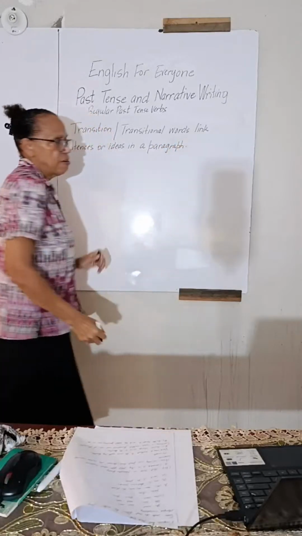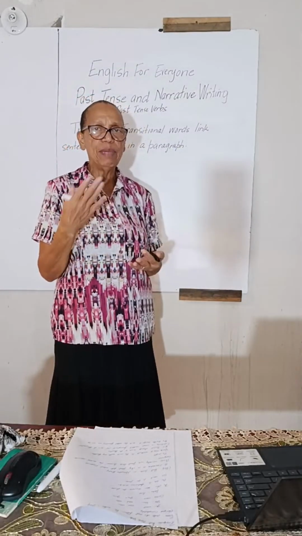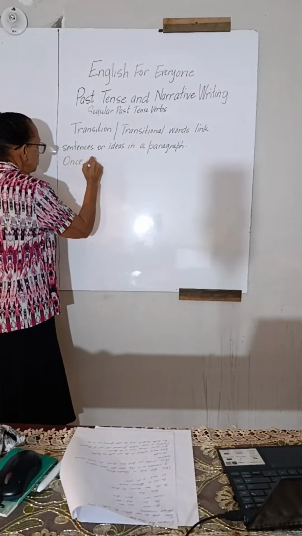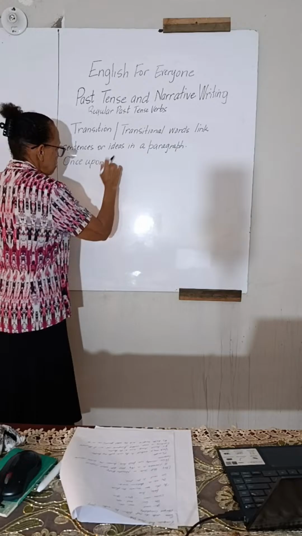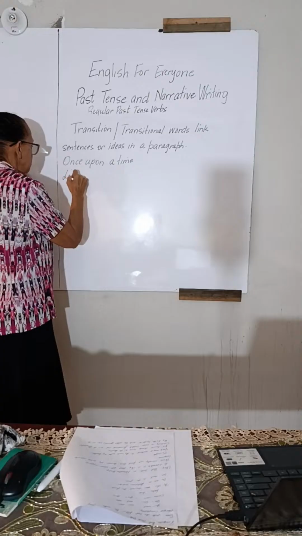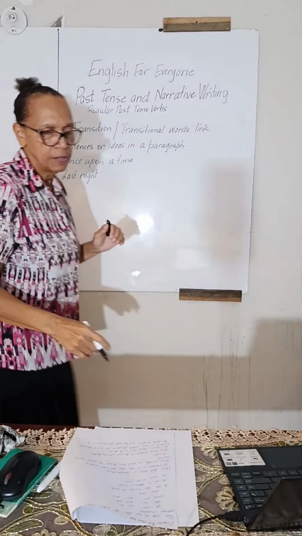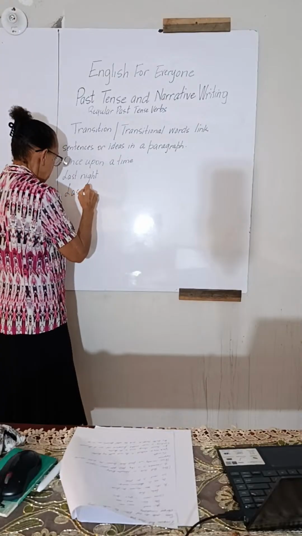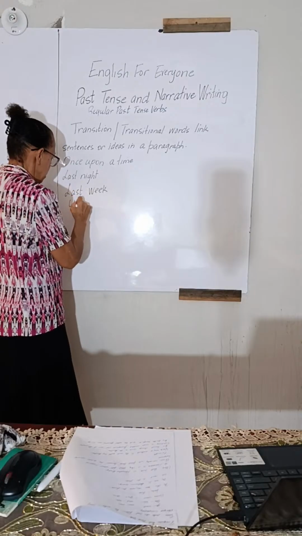Now, when you're writing a paragraph in the past tense, these are some transitional words that you can use at the beginning of the paragraph. Once upon a time, this is one that many children like to use. Once upon a time, last night, last week, yesterday.